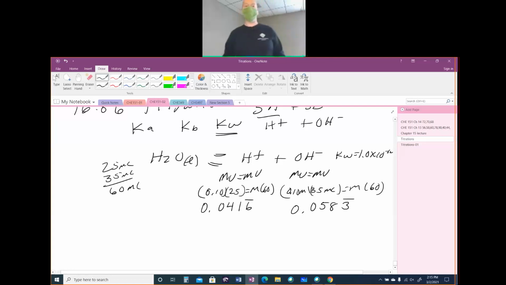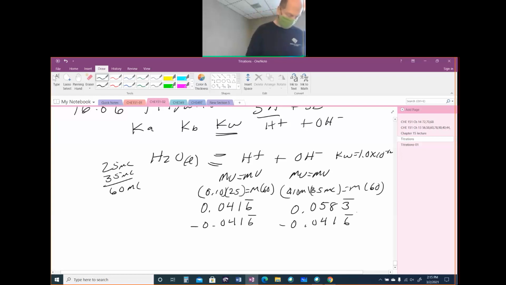All right, and so for Ka, Kw, Kb, any of these, something on the right, or at the equilibrium point, both things on the right have to be 0. All right, and so the smaller one is going to go to 0, and so this is a 0.0416. So we have to subtract a 0.041 repeating 6.